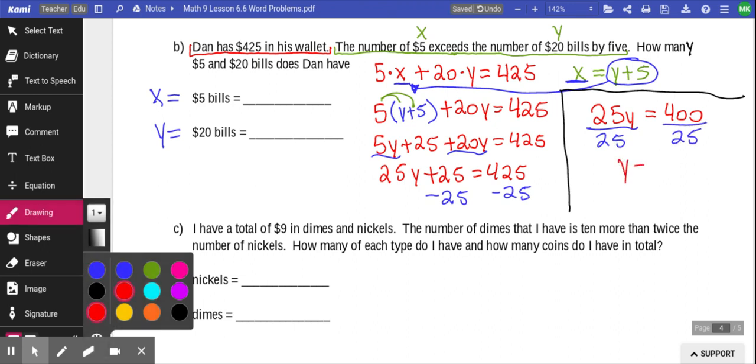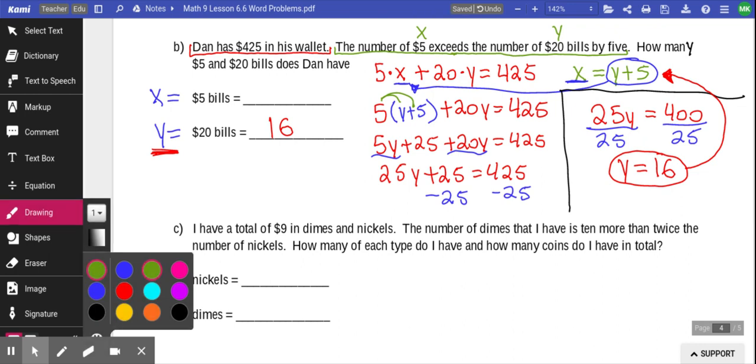When I do that, I should get y equals, I think it's 16, but I'm going to double check because my brain has been off today. So we're going to say y equals 16. That means the number of $20 bills he has is 16. If you wanted to figure out how many $5 bills he has, you could take this information and substitute it back into this equation right here.